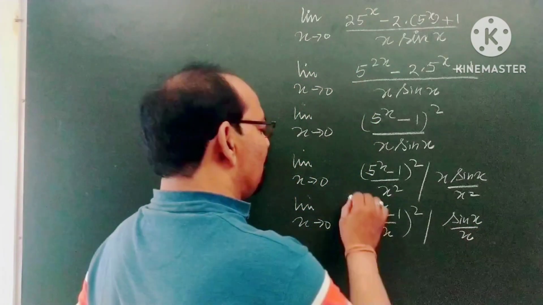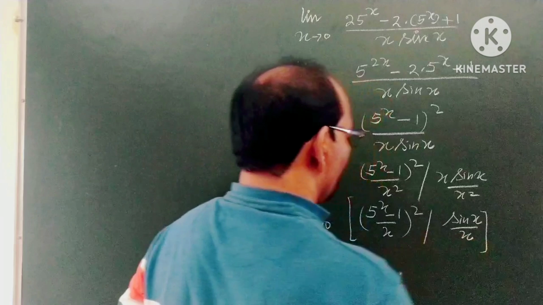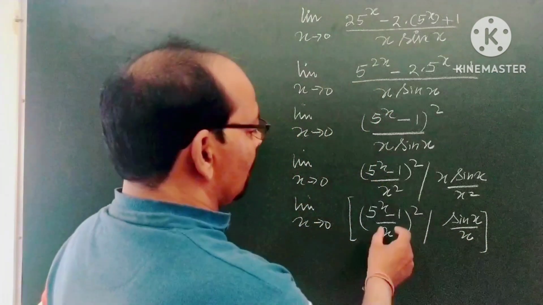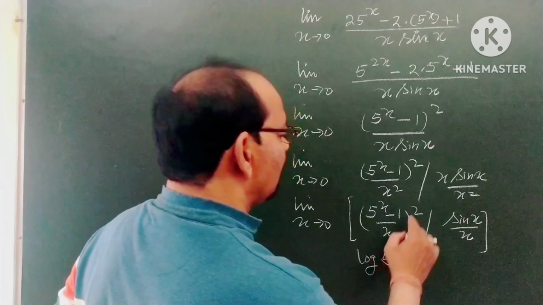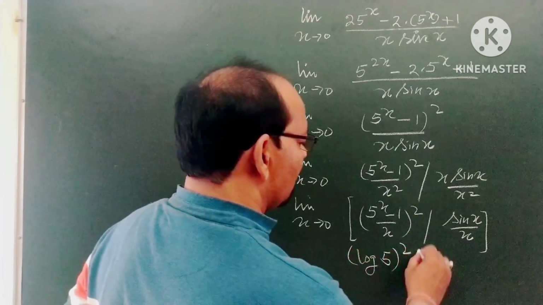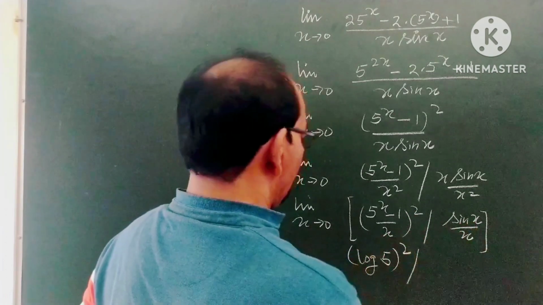Therefore, we take the limit of both functions separately. The limit of this will be log 5 squared, and by sin x by x.